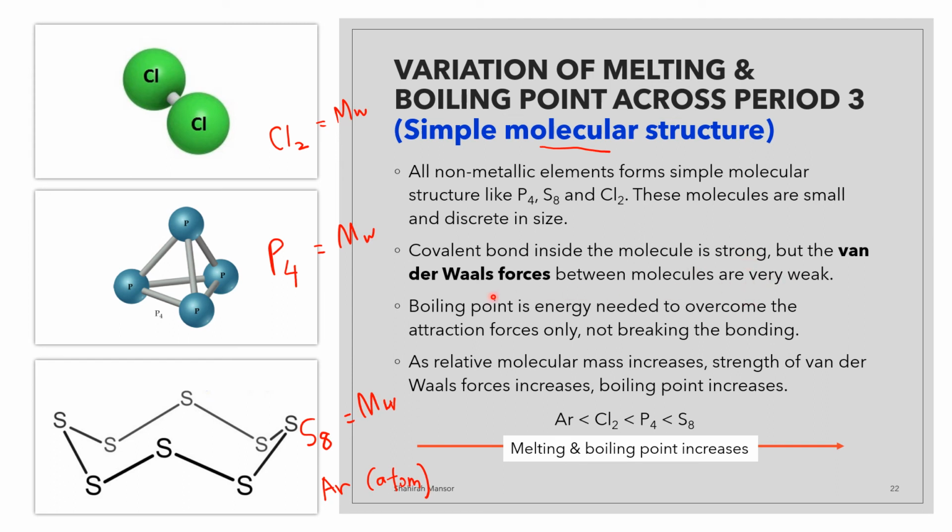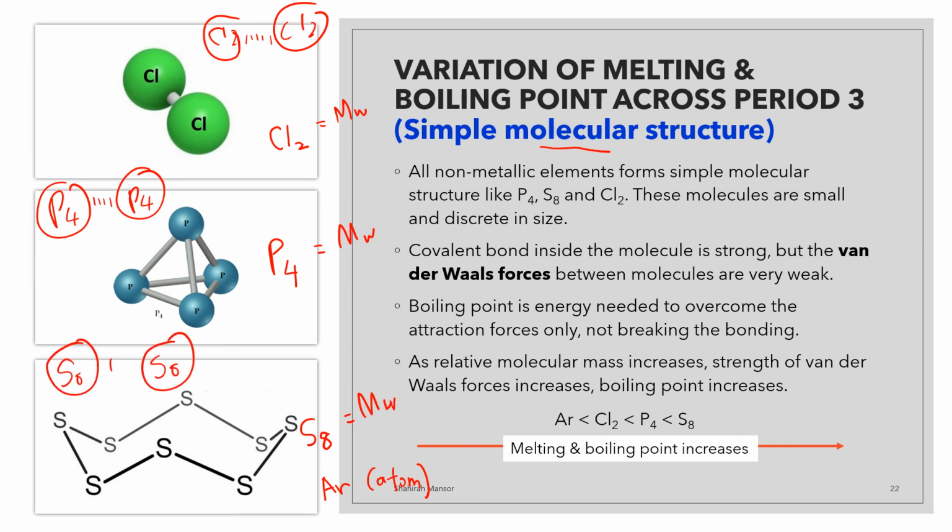But the van der Waals forces between the molecules are very weak. Maksudnya dekat sini adalah di antara Cl2 dengan Cl2 akan wujudnya van der Waals forces. Antara P4 dan juga P4 pun akan ada van der Waals forces. Antara S8 ini dan juga S8 yang lain, maka ini pun akan ada van der Waals forces.